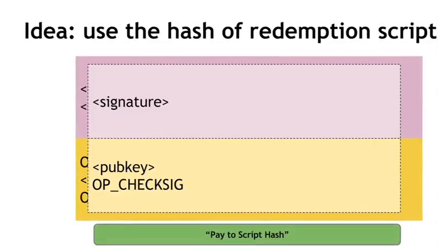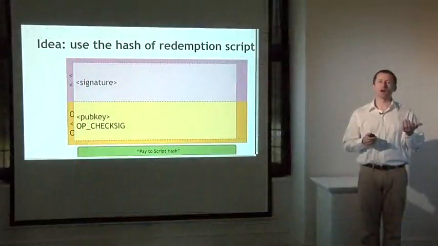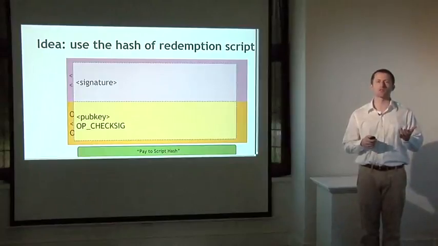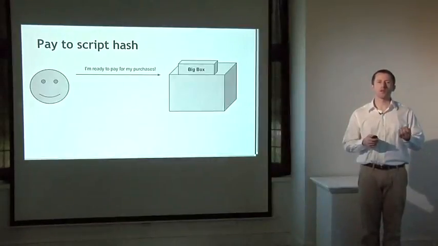So this is called pay-to-script hash in Bitcoin, as an alternative to the normal mode of operation, which is pay to a public key. And the reason this was so complicated is that this was added to Bitcoin after the fact. This wasn't part of the initial design specification. This is probably the most notable feature that's been added to Bitcoin that wasn't there in the original specification. And it solves a couple of important problems.